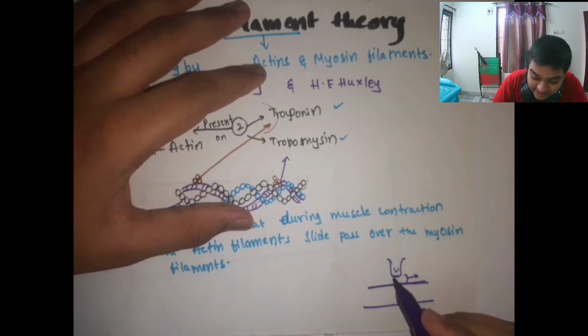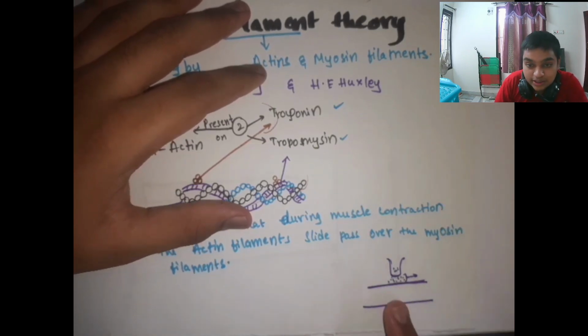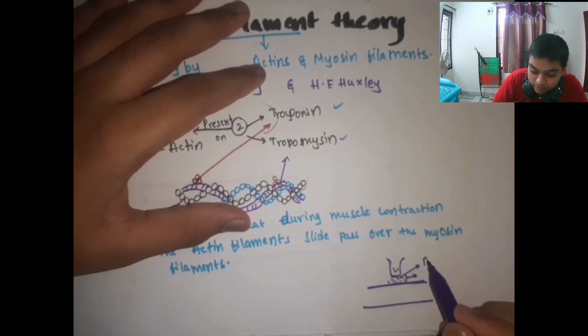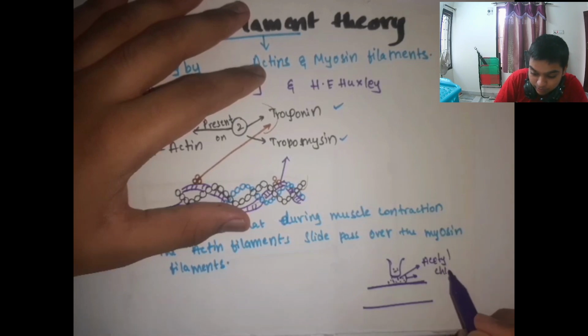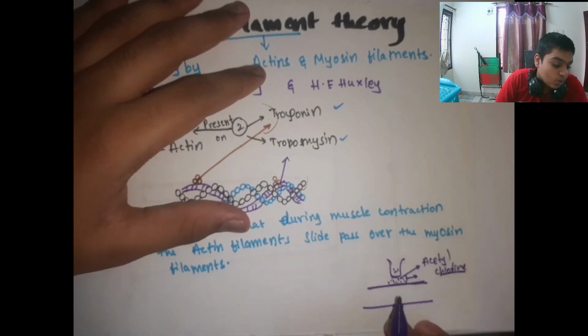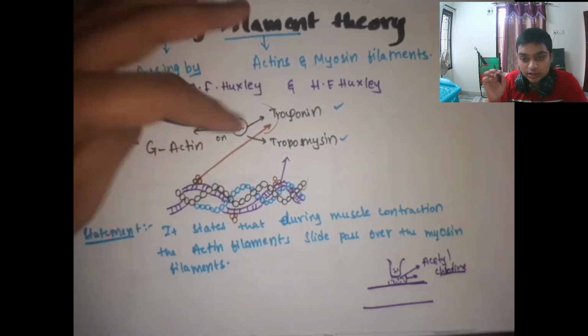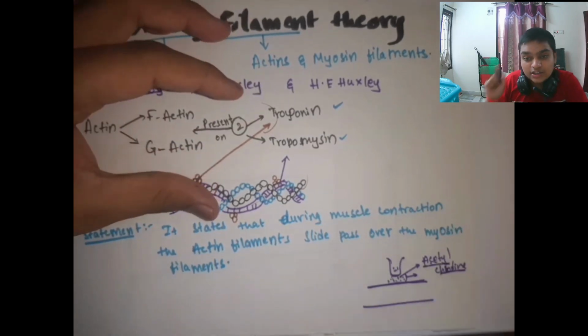The nerve impulse is released as neurotransmitters. Generally a neurotransmitter in the somatic nervous system is acetylcholine. Remember it. Acetylcholine is the neurotransmitter.